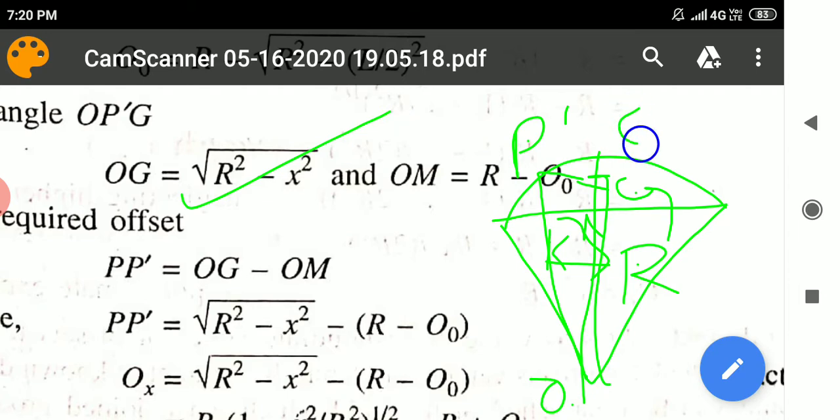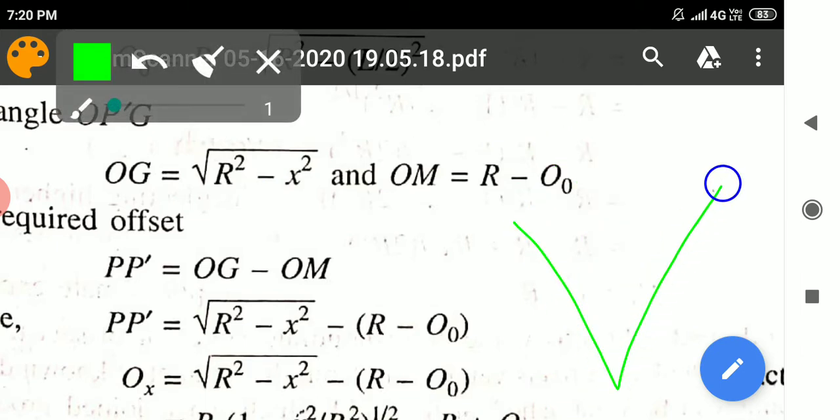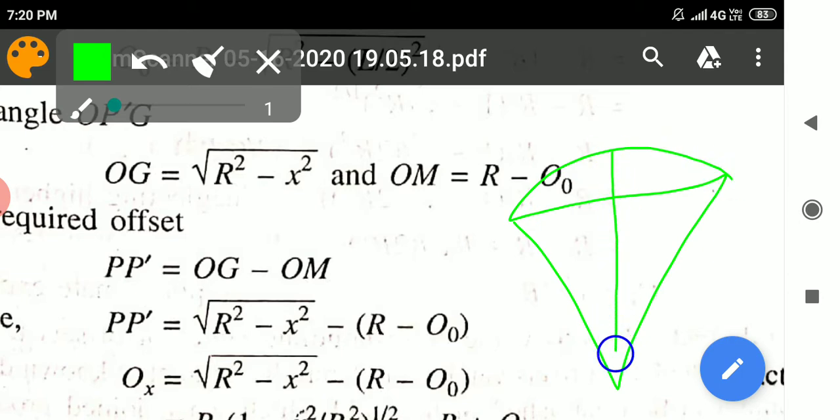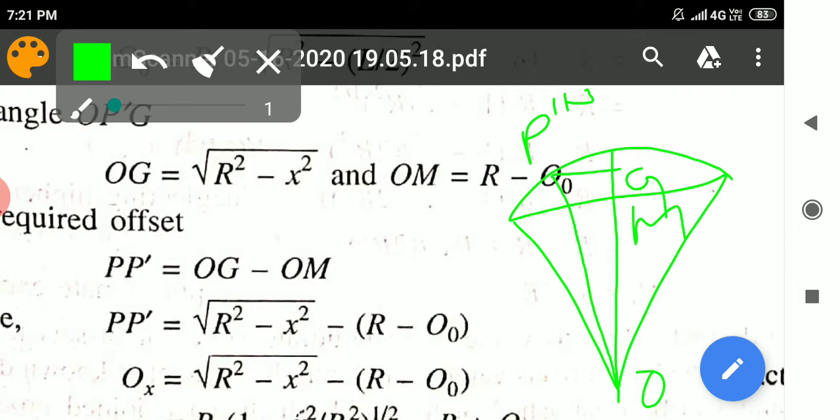Next C and M. See here, like this, having your figure, P dash, G, P dash G, O, then M. OM equal to, this is total R, this is also R. So CMO.